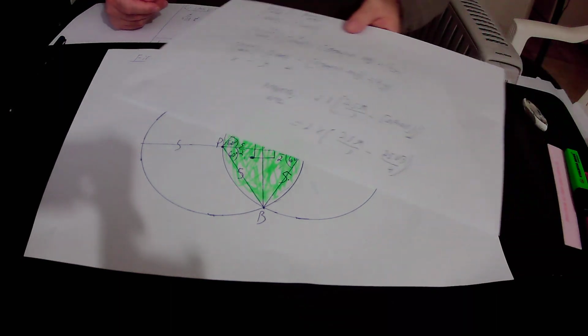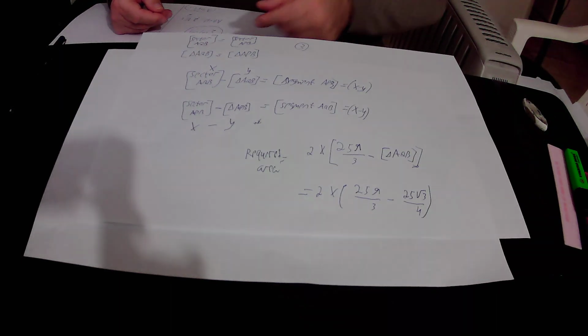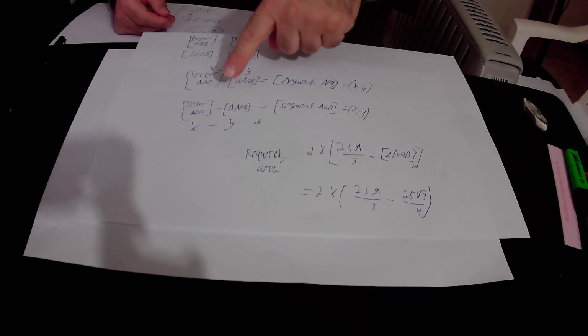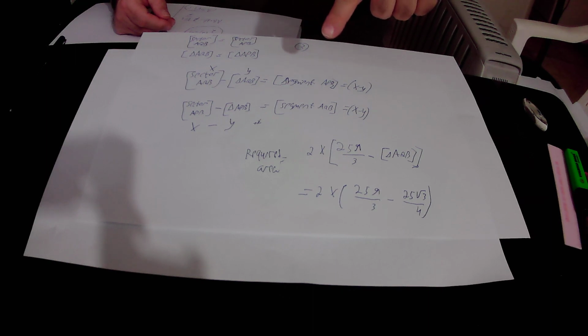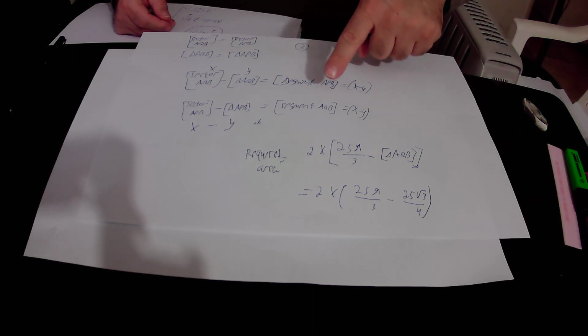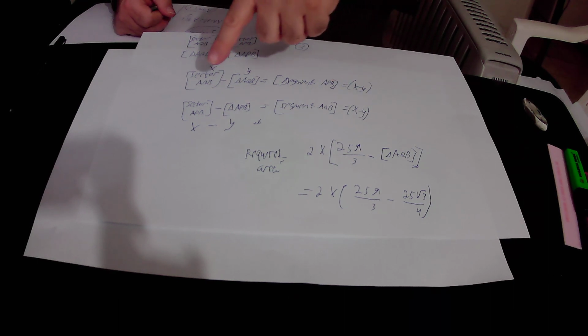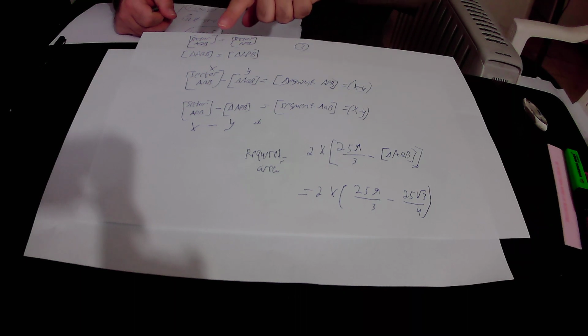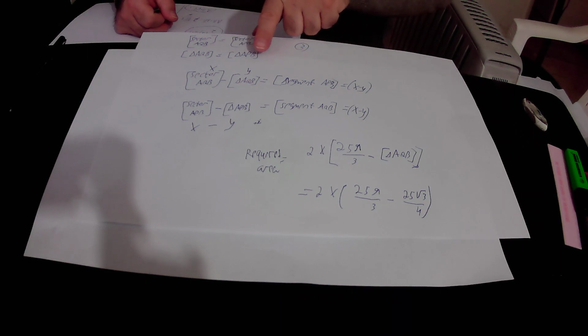Again, the area of segment AQB equals the area of sector APB minus the area of triangle APB, and the area of segment APB equals the area of sector AQB minus the area of triangle AQB.